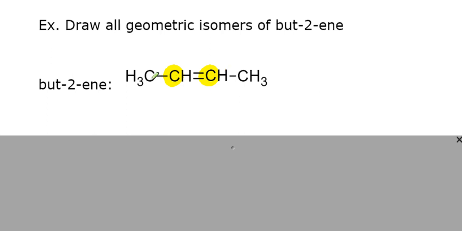What's attached to each of them? They have one carbon with hydrogens and another hydrogen. How are they arranged around that double bond? So what we're going to do is expand the diagrams around those atoms only. Keep these two ends condensed, but we're going to expand the geometry around here.